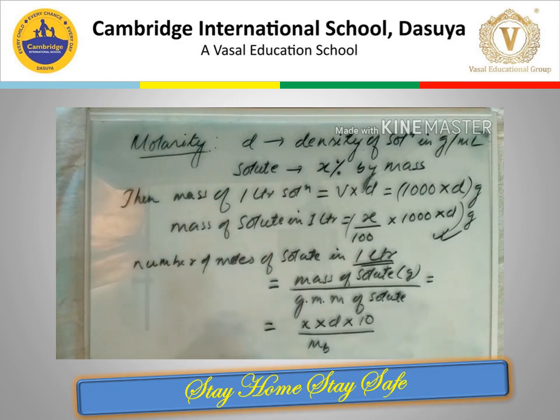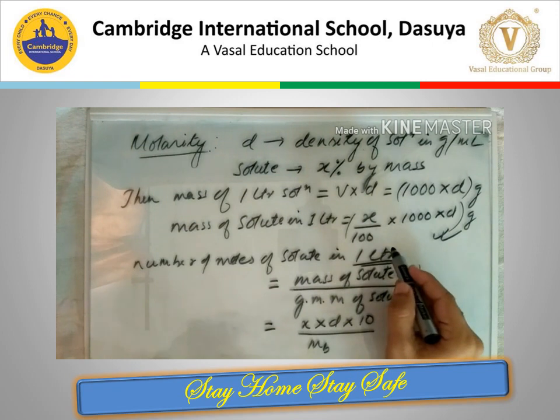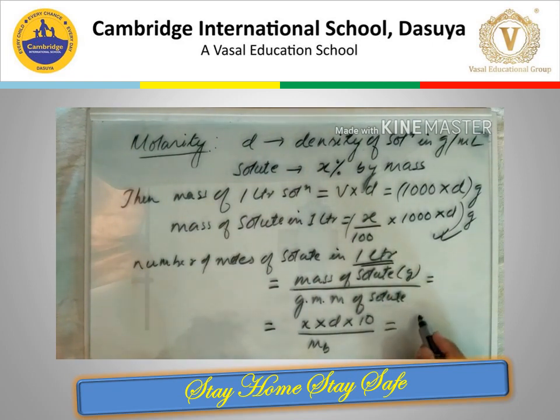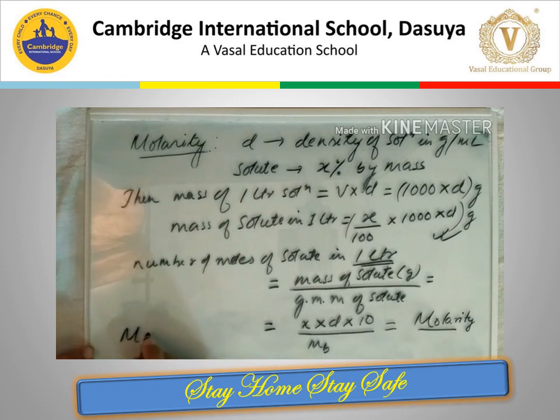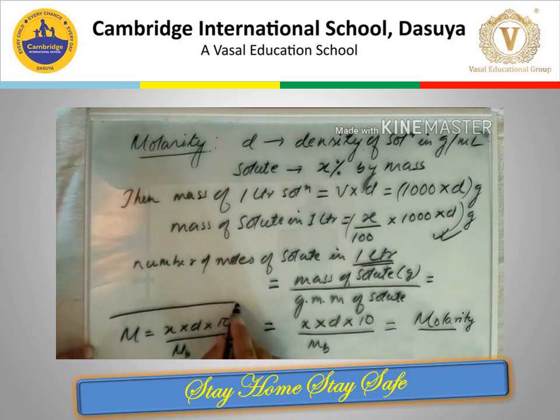And since we know by definition, the number of moles of solute in 1 liter solution is equal to molarity. So we can write molarity M equals x into d into 10 upon mb, where mb is the molar mass of the solute here.